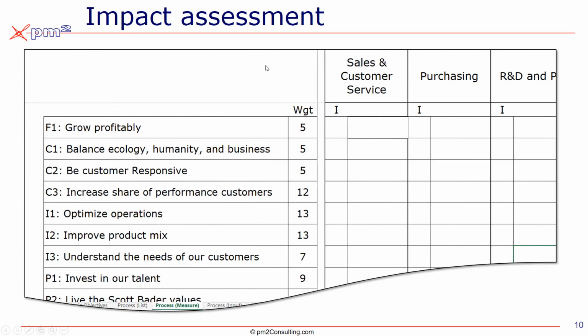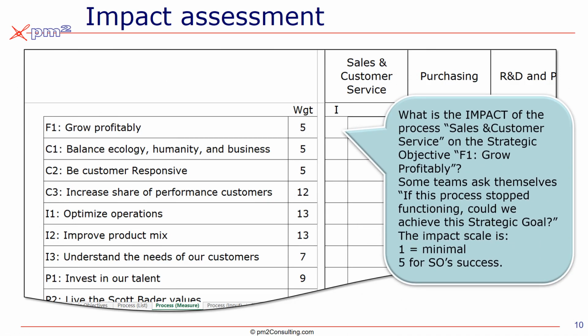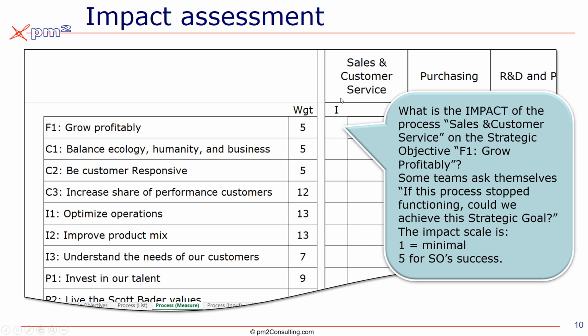So we're now just drilled into the top left corner of the spreadsheet. So we're going to take a look at the process of sales and customer service. And we're going to ask ourselves, what is the impact of this process, sales and customer service, on this strategic goal, grow profitably? So if you think about it, some teams phrase it this way.